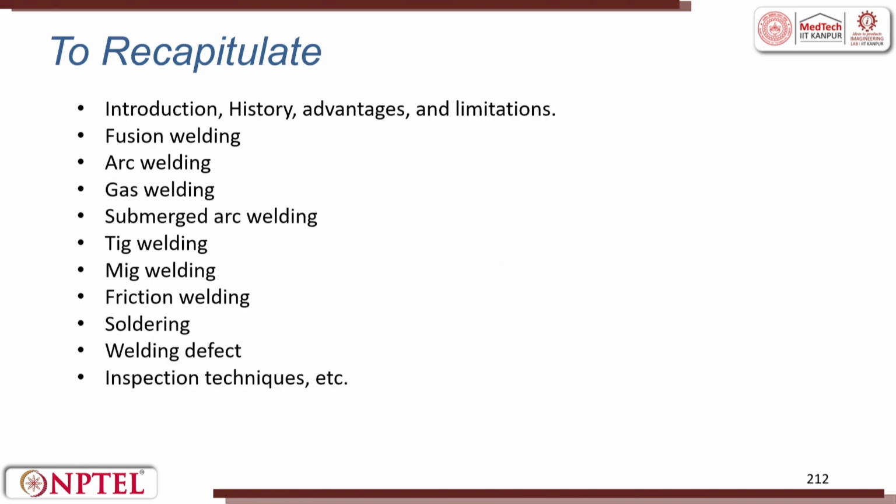Friends, in the complete welding lecture series, we have seen the introduction, history, advantages and limitations. Then we saw various welding processes like fusion welding, arc welding, gas welding, submerged arc welding, TIG welding, MIG welding, then friction welding, soldering, welding defects and inspection techniques in the non-destructive testing way.